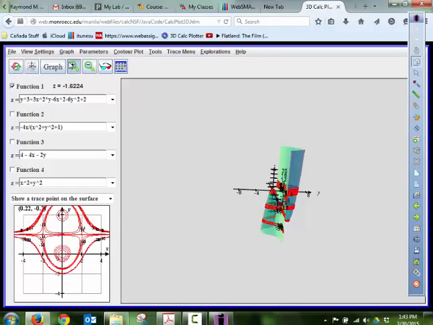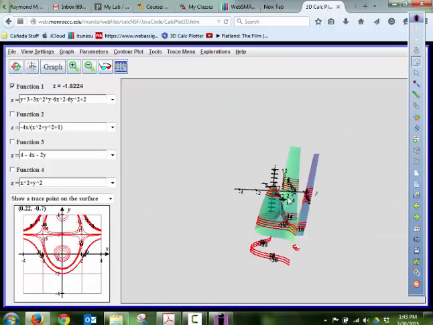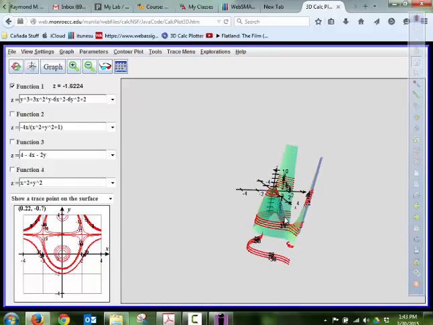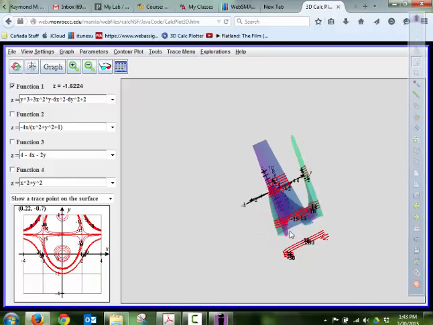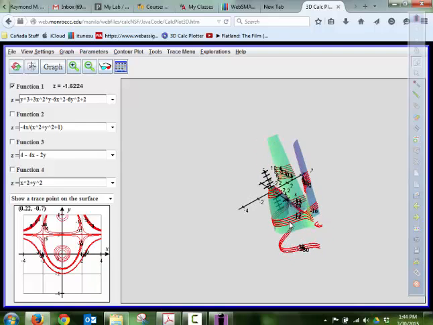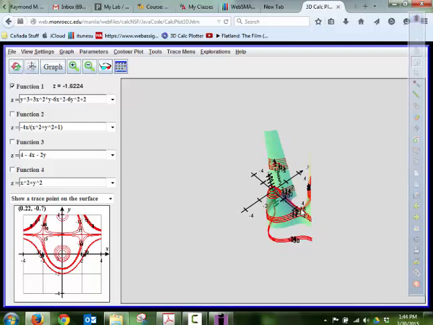But let's get the saddle point from a closer view here. So the saddle point would be right here where it goes down. It looks like it goes down, but if we look at it from another angle, it looks like it's up. So right over here is where the saddle point is. In fact, we can put the dot there. See the dot?